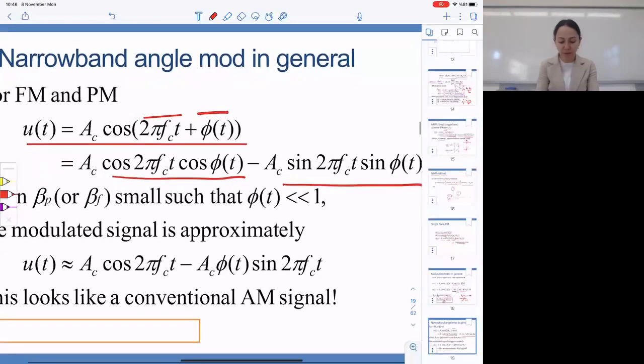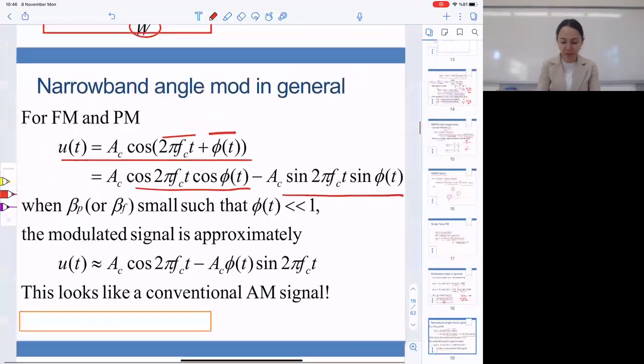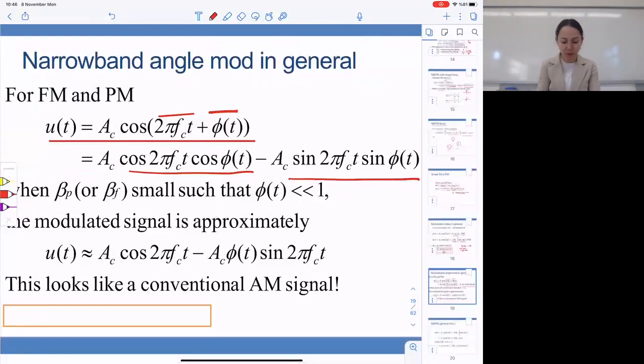And in the narrowband limit, such that beta_p, or in the case of FM, beta_f, is small, theta itself is much smaller compared with 1.